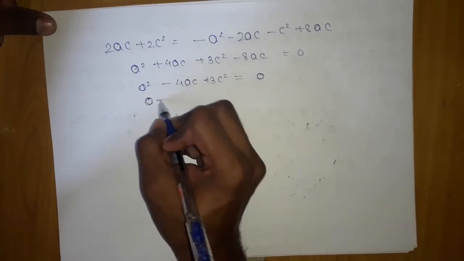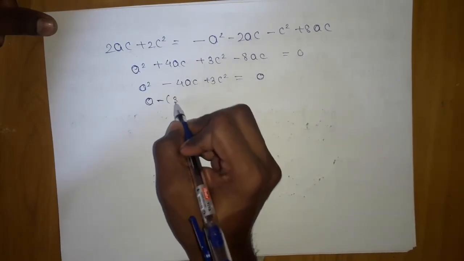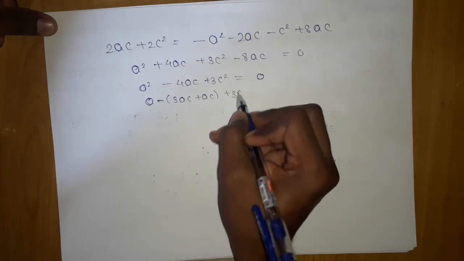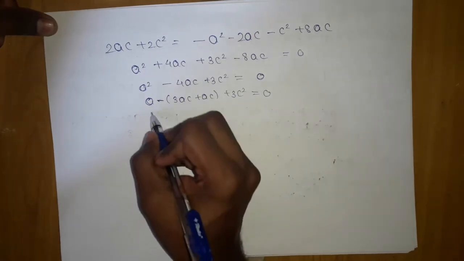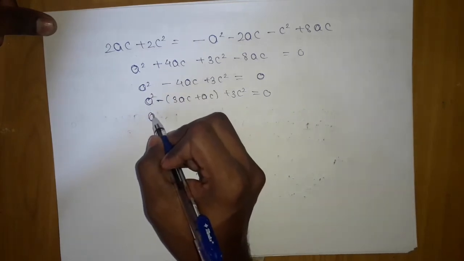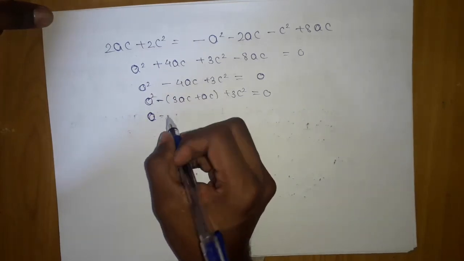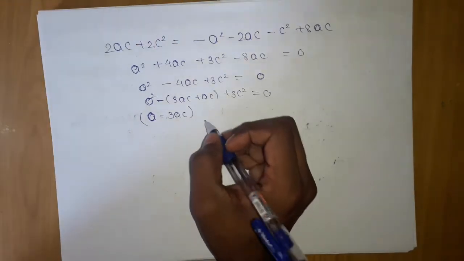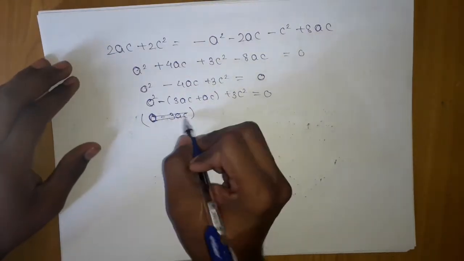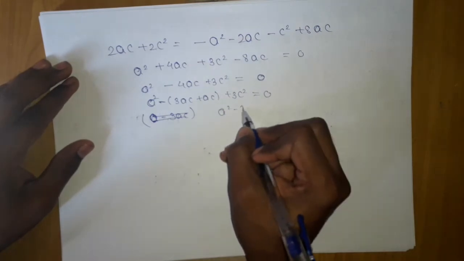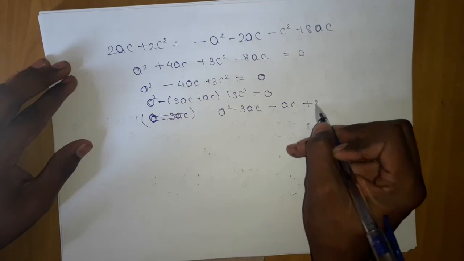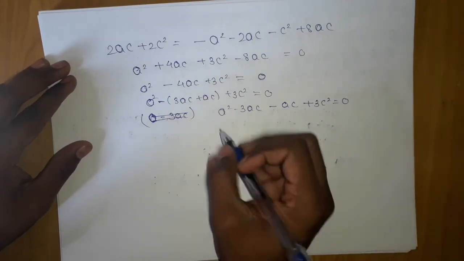Now here we can break it into quadratic factors: a square minus 3ac minus ac plus 3c square equal to 0. We have to proceed by the general method only, otherwise we will make silly mistakes.